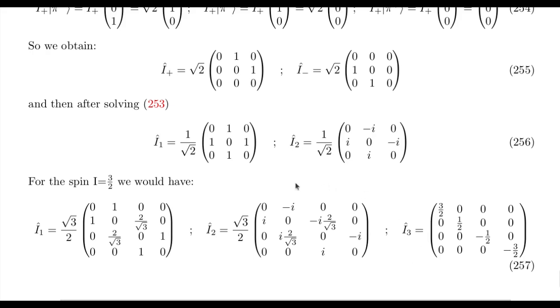And then, as a student exercise, with the same procedure as we have determined the operators in the triplet case, you can determine the operators in the case of isospin 3/2.